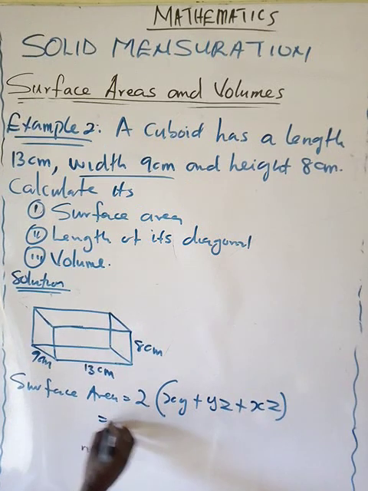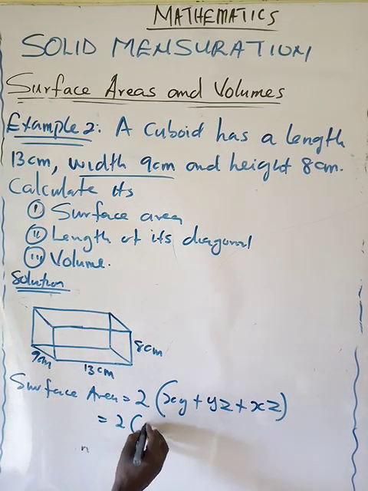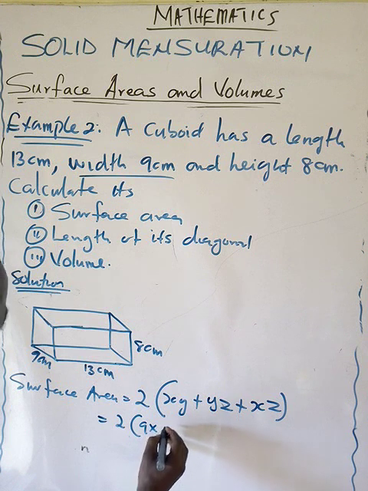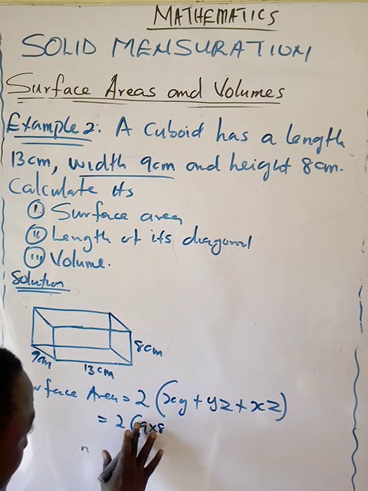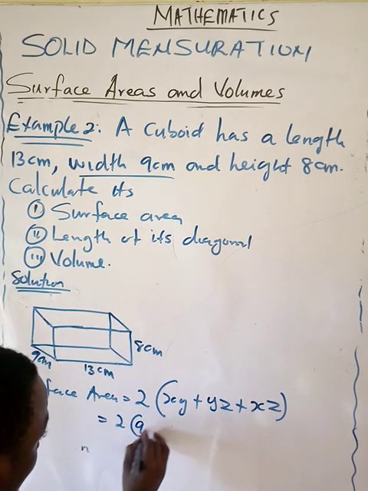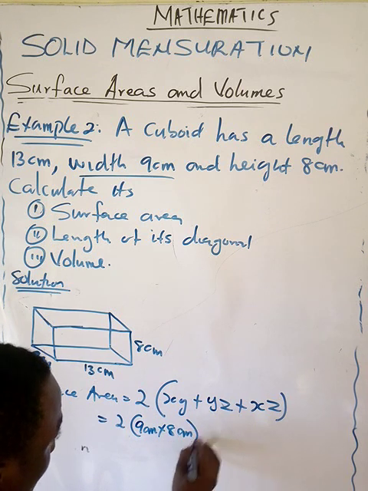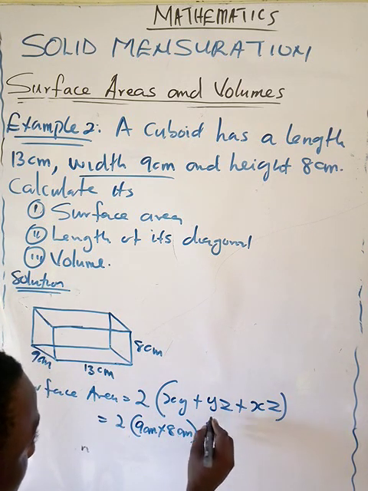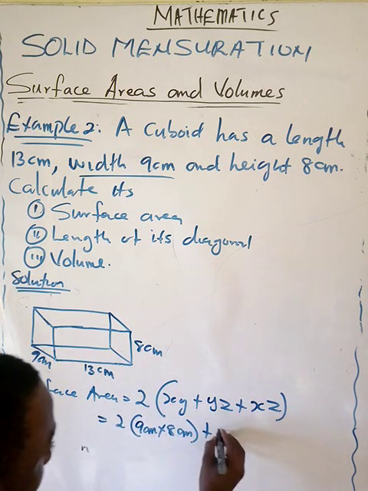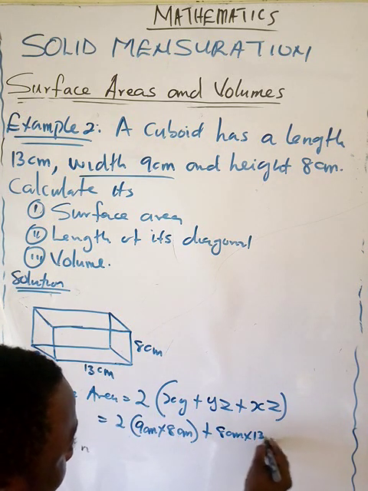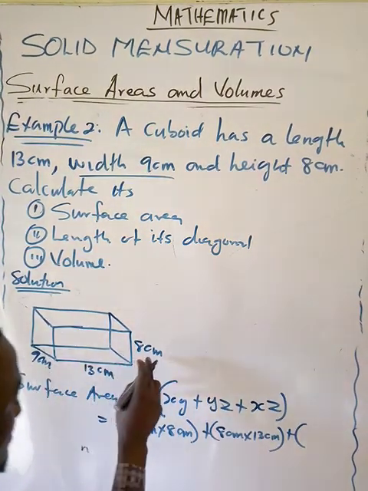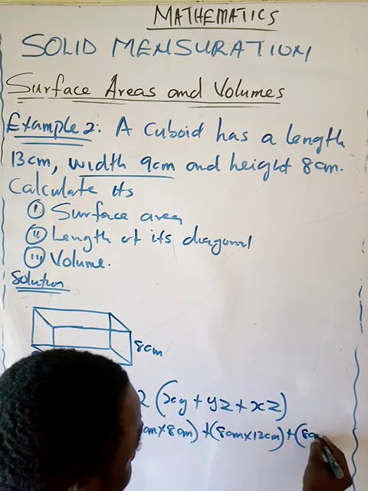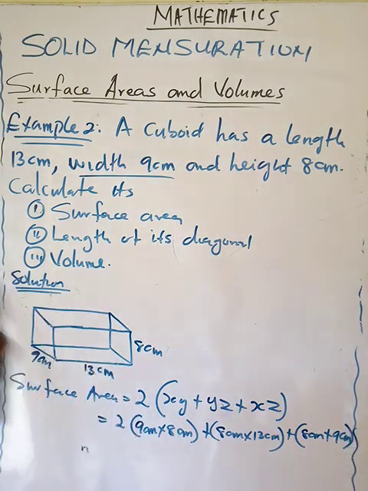So from this now I have the bracket of my x is 9 centimeter times 8 centimeter, plus yz, 8 centimeter times 13 centimeter, plus xz, 9 centimeter times 13 centimeter.